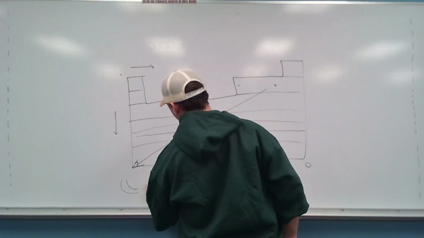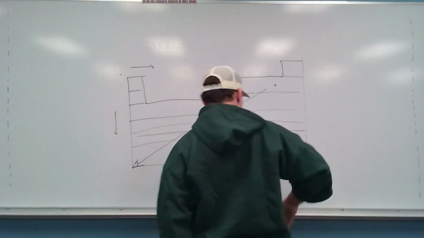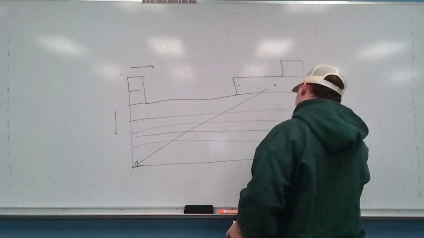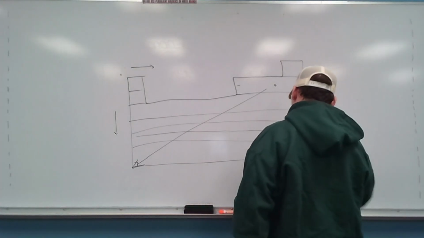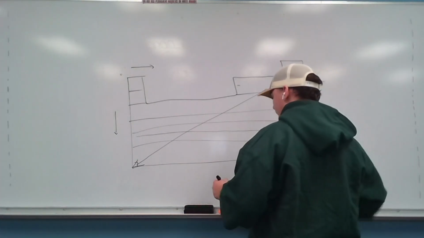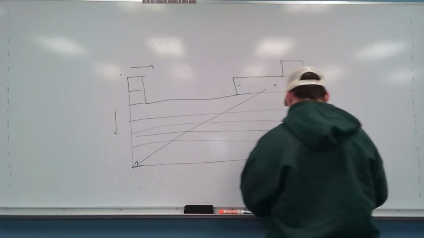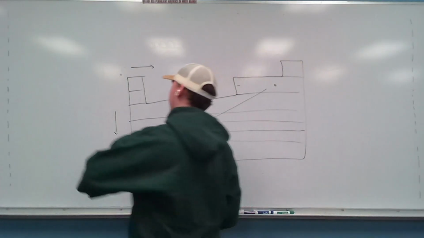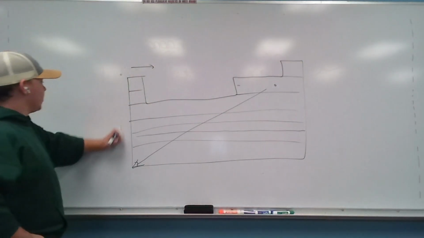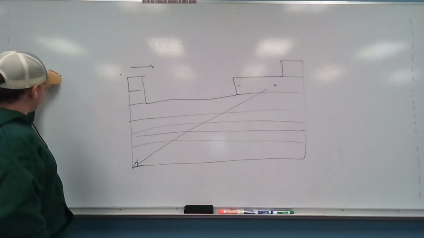Now, this is going to be the inverse of a lot of things, which is going to make it pretty easy to remember. First is electronegativity. Electronegativity, I'm going to draw in purple.